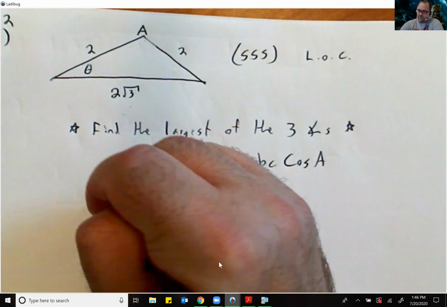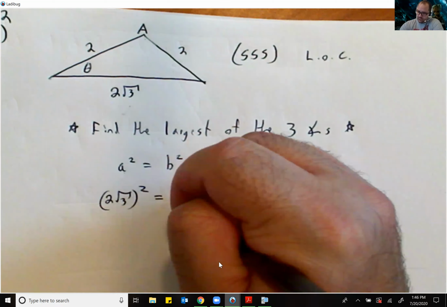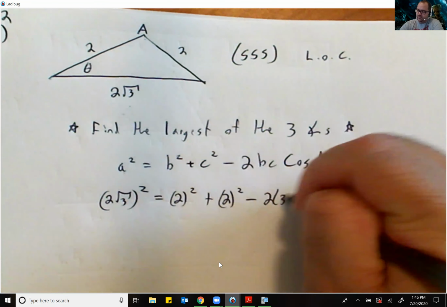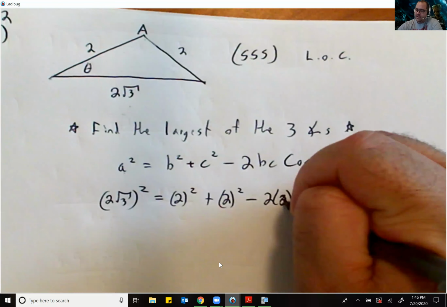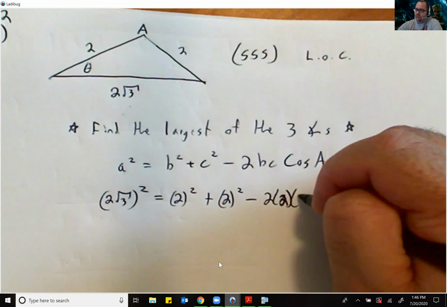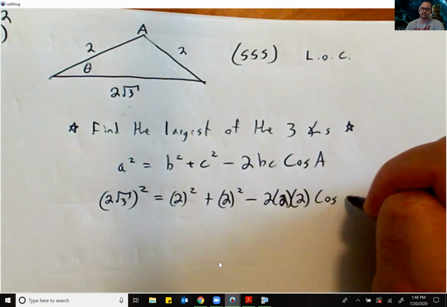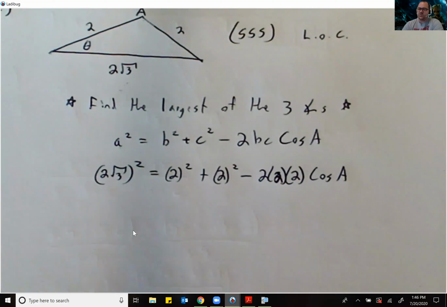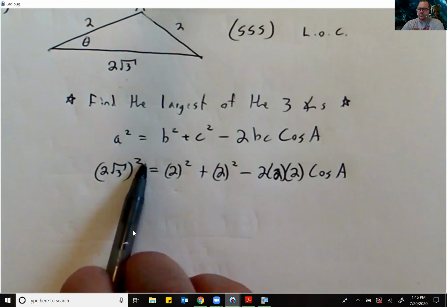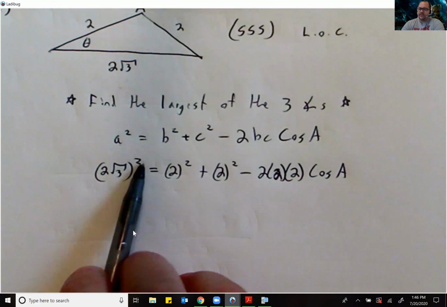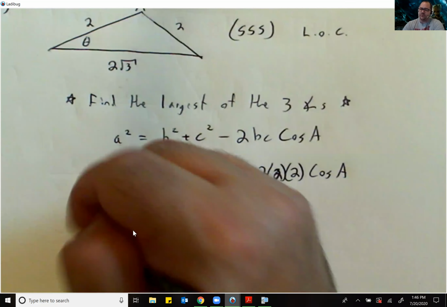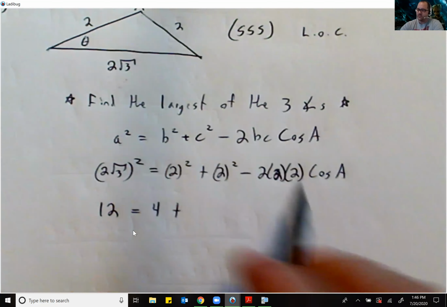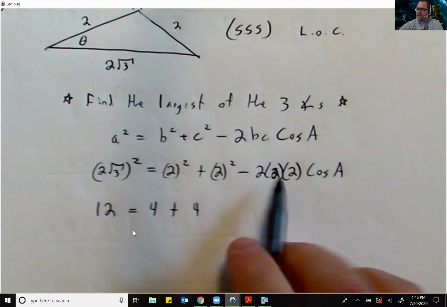Square that, equal to b squared, which is 2 squared, plus c squared, which is 2 squared, minus 2 times b is 2, and c is 2, and we got cosine A. Doing some squaring: 2 squared is 4, square root of 3 squared is 3, so this becomes 12 because 4 times 3 is 12. 2 squared is 4. 2 squared is 4. 2 times 2 times 2 is 8.